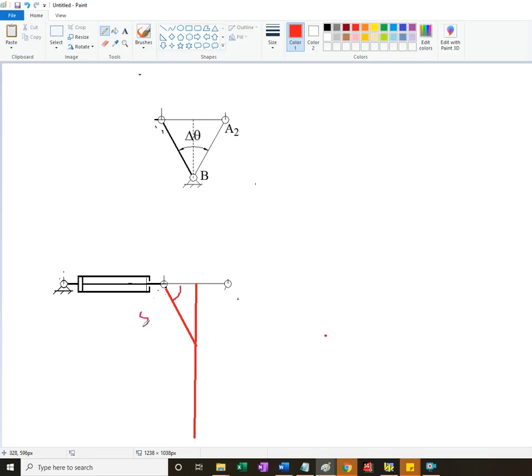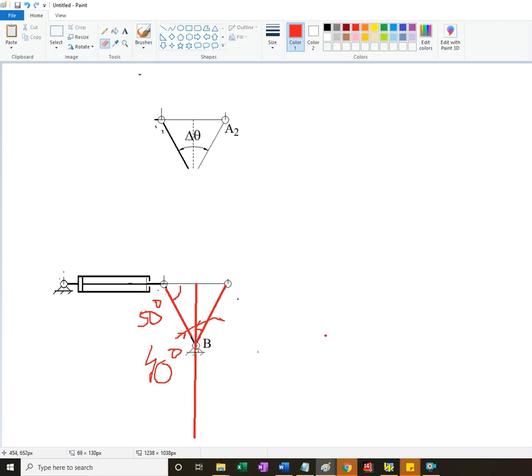Okay, this will be 50. This makes the angle 40 degrees. Not that it is on my drawing, but I'm just saying. And that will get you point B. And then you can complete the mechanism if you want to sketch it into the limit positions.